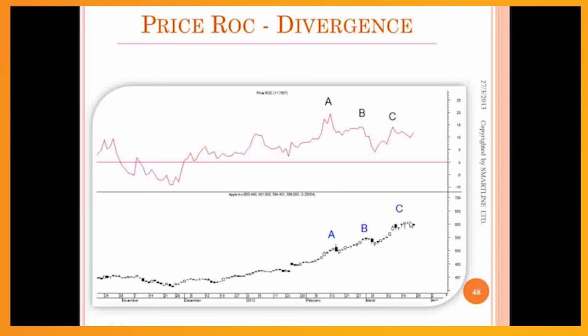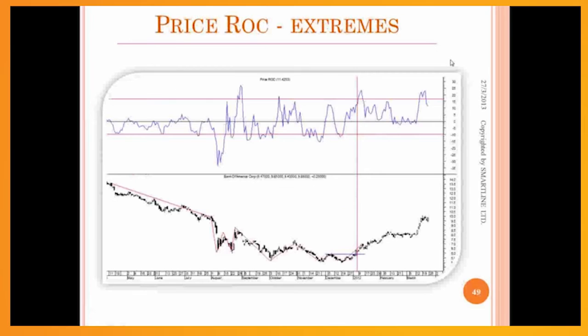Because I can have a small correction here, continue higher, and the oscillator can continue forever giving me divergences. I don't know if you face this problem during your daily trading, but look at what I discovered through all those years that I trade.